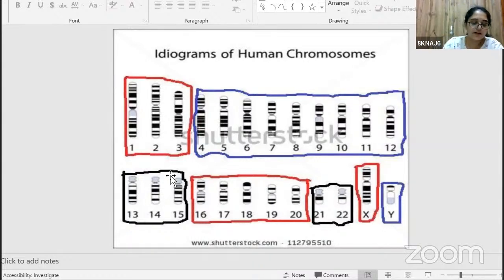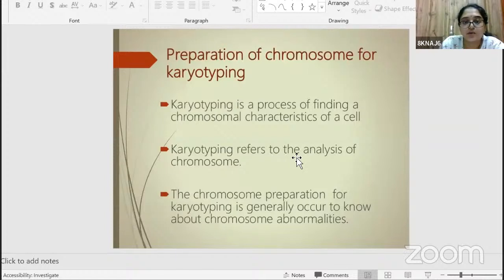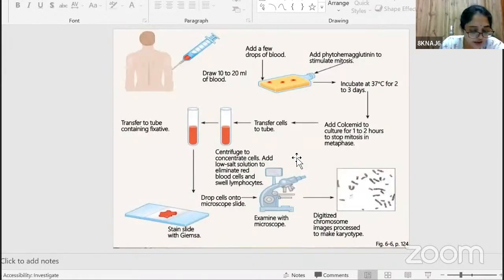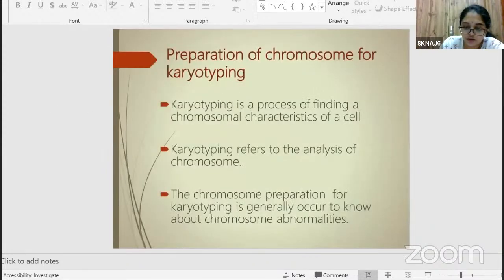Now they have given the chromosome band resolution also. They have basically given the metaphase chromosomes, how the banding is done, and how you are identifying the chromosomes. So for that, let us look into the preparation of the chromosomes for karyotyping, and that is when banding also comes into place.